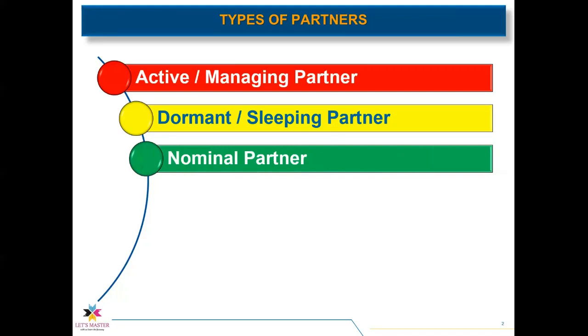Then when we talk about nominal partners, these are the partners who have not contributed any capital to the partnership firm, but they have just lent their name. There may be a businessman who has a very good reputation in the market, and somebody wants to establish a business just to enjoy goodwill in the market or have a better standing in the market from day one itself.